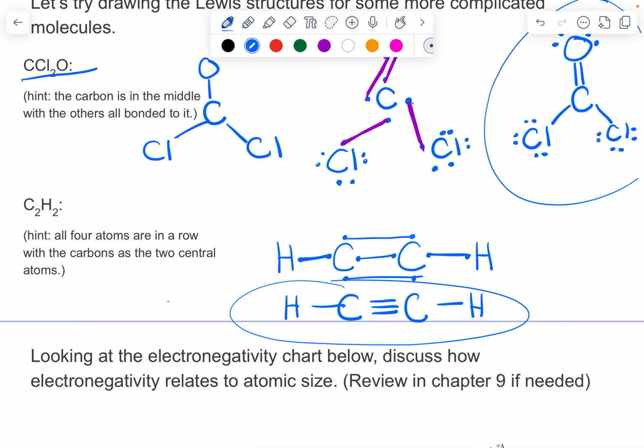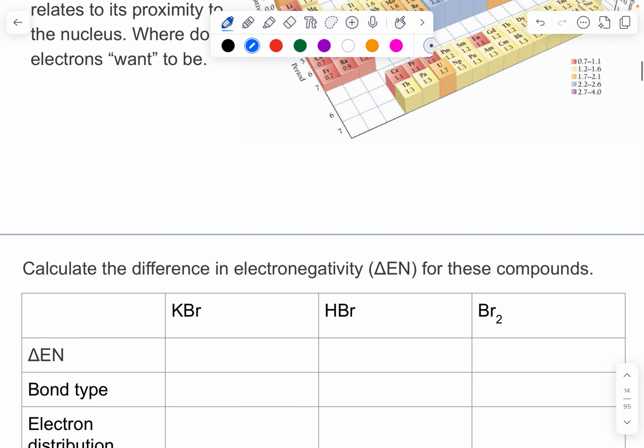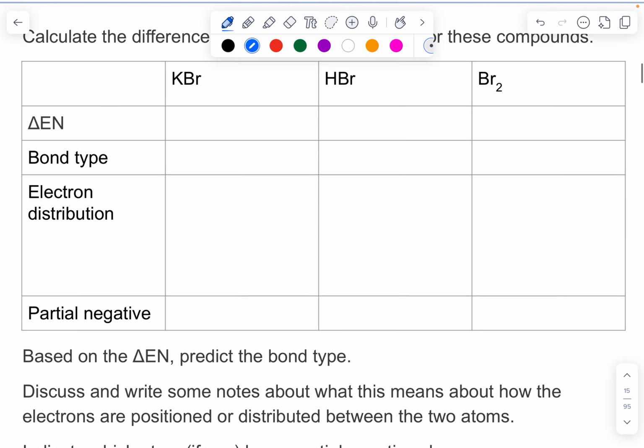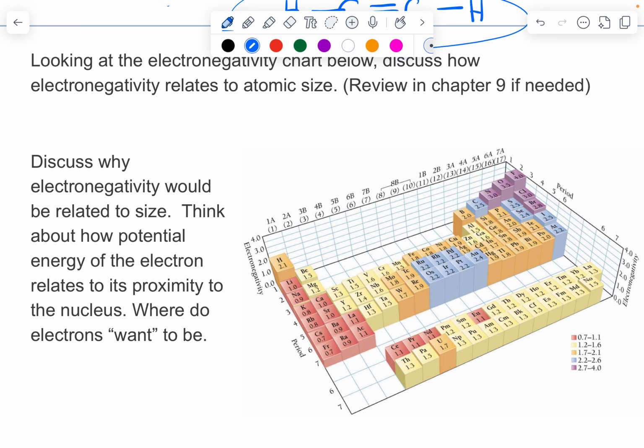Okay. All right. Now the last topic that we're going to cover is quite a bit different, but it's an important thing for us to discuss as we're doing these Lewis structures. So the concept is electronegativity. Depending on the class you're in, you may have hit electron affinity, but for a lot of you, this is going to be the beginning of discussing this topic.